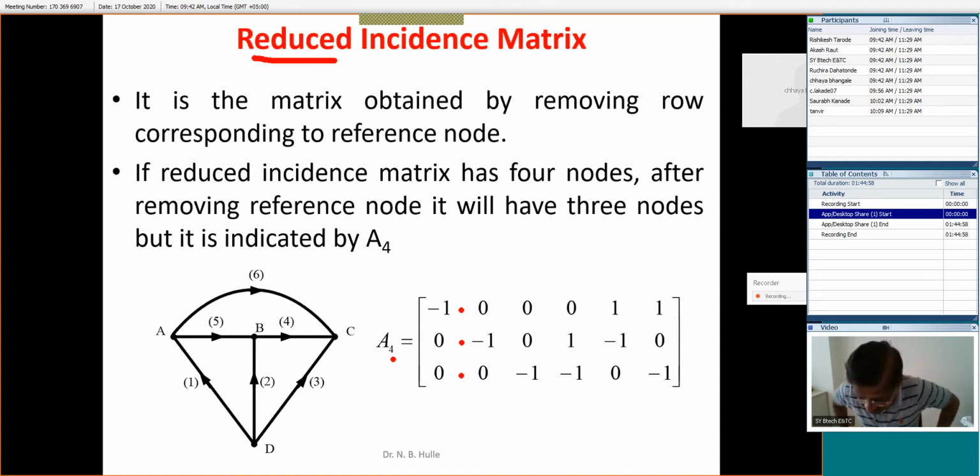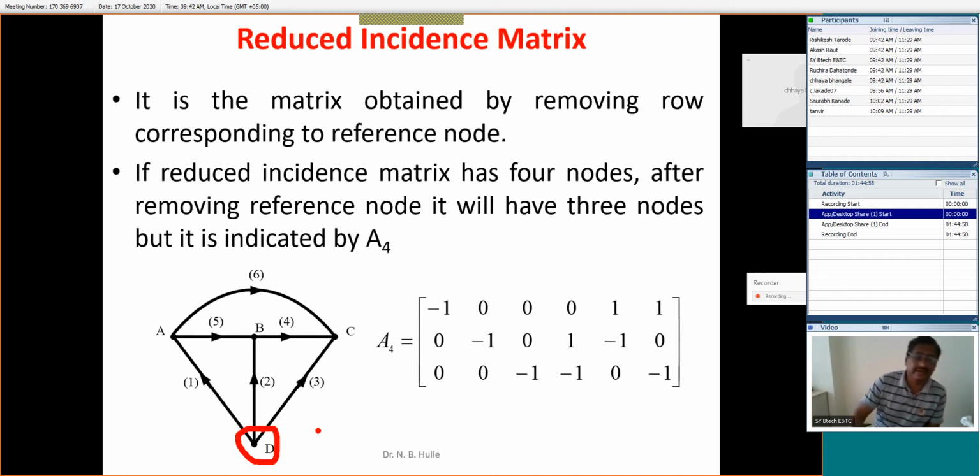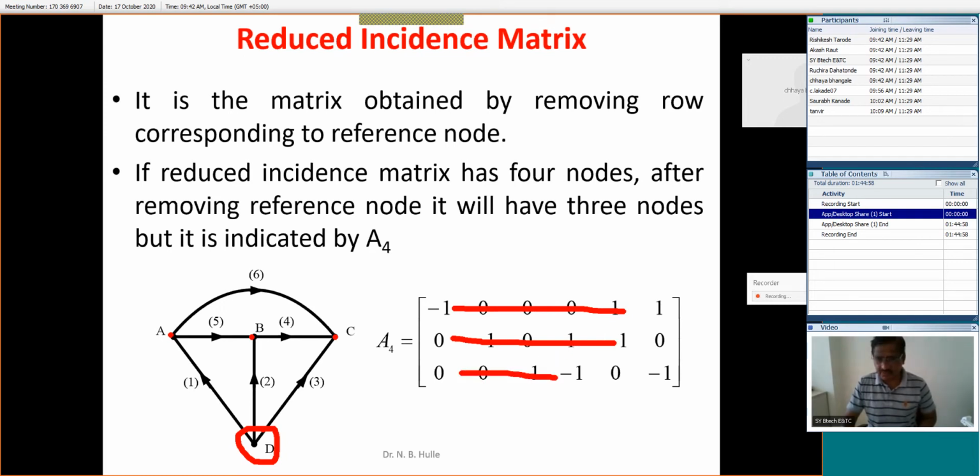Simple. Nothing complicated. And it is not necessary that only this row will always be deleted, because in that case, our A node may be reference, B node may be reference, or C node may be reference, or D node may be reference. If A is reference, remove this row. If B is reference, remove this row. If C is reference, remove this row.